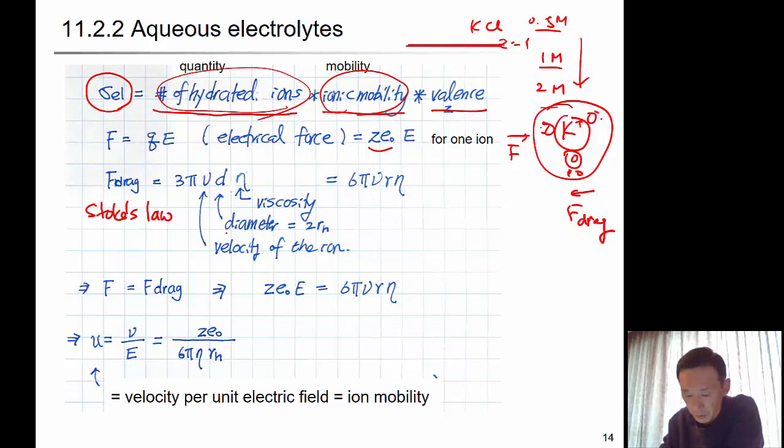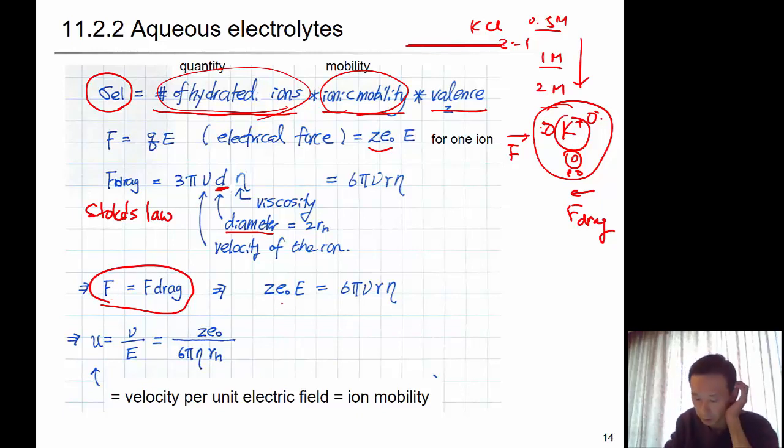If you convert the diameter to the radius, then it is 6 pi v r mu. So at terminal velocity, the velocity is constant, so the forces are in equilibrium. Then you can equate these two forces, and this will give you the ion mobility.